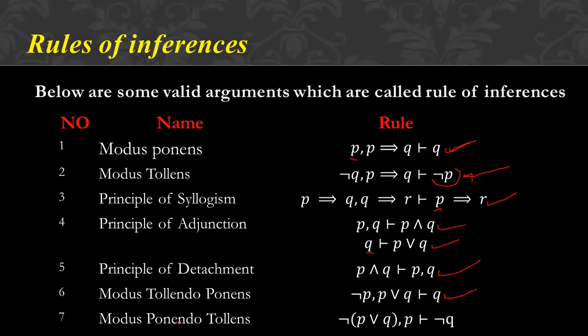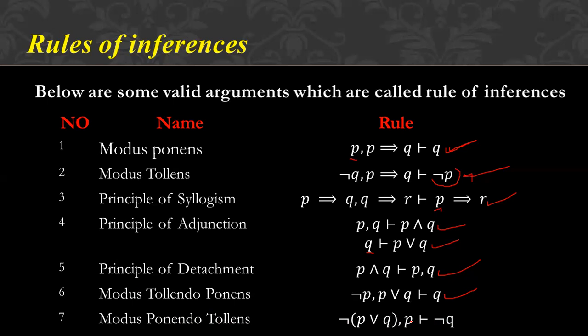Next one is modus ponendo tollens. With this form of argument, the premises are the negation of P and Q, and P, and the conclusion is the negation of Q. It has started from this one.